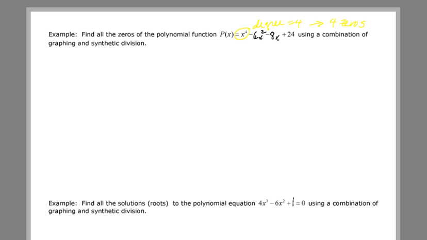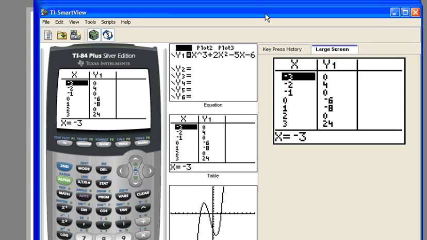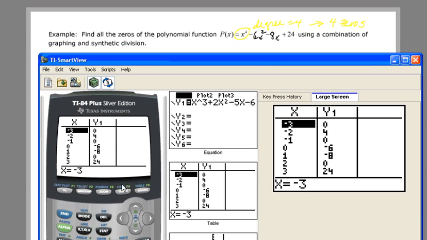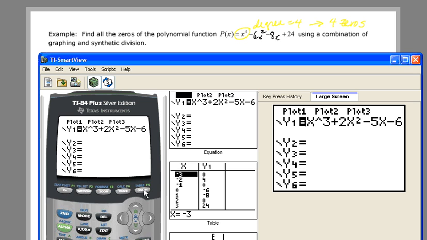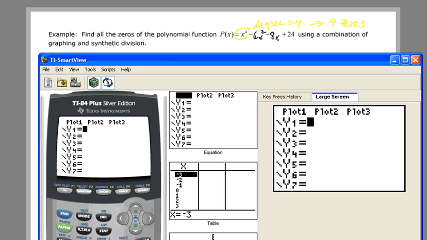We're going to use a combination of graphing and synthetic division, so pull out your calculator and let's get that equation typed in. Let's go to y equals and clear out what you have there, and while I type it in, you type that into your calculator.